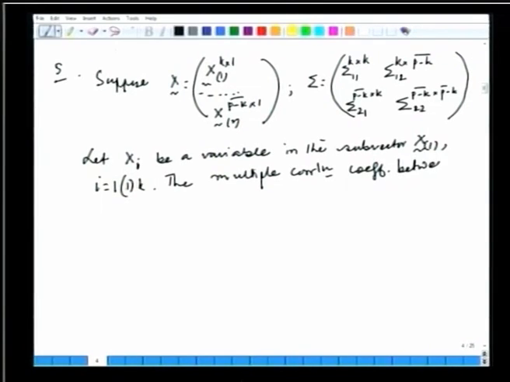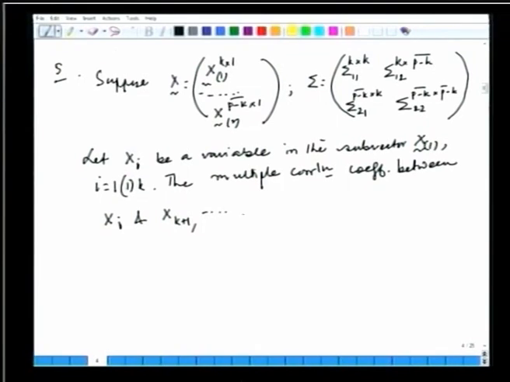between xi and the elements of x2. So, without loss of generality, let them be the last p minus k variables. So, that is k plus 1 up to p. We should write it xi with x k plus 1 to xp.